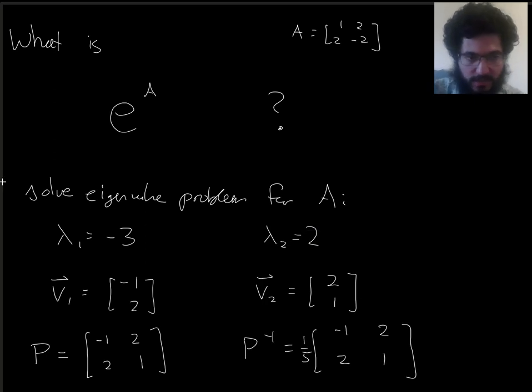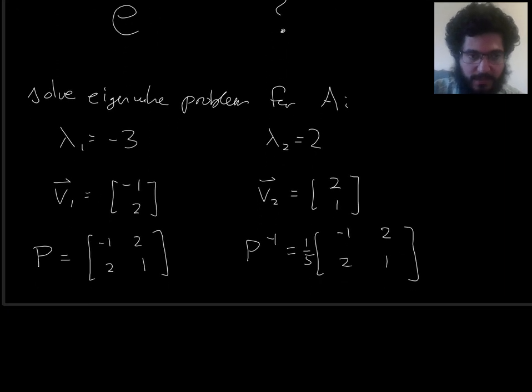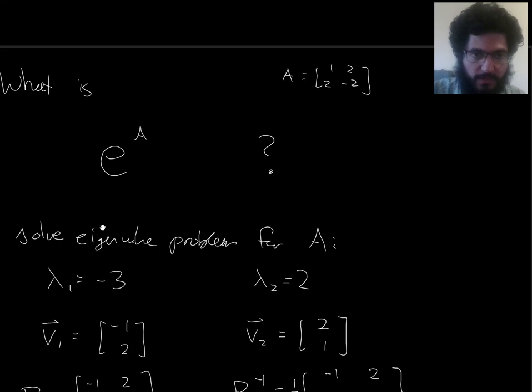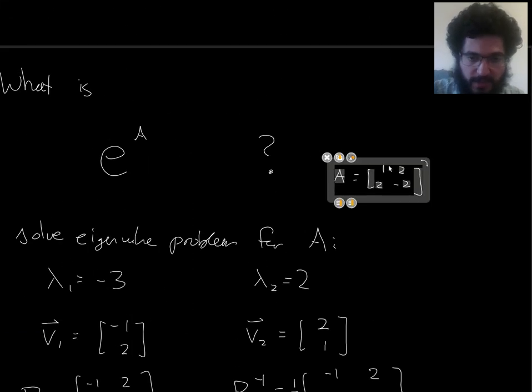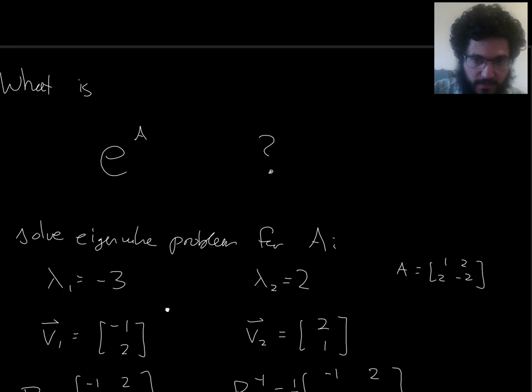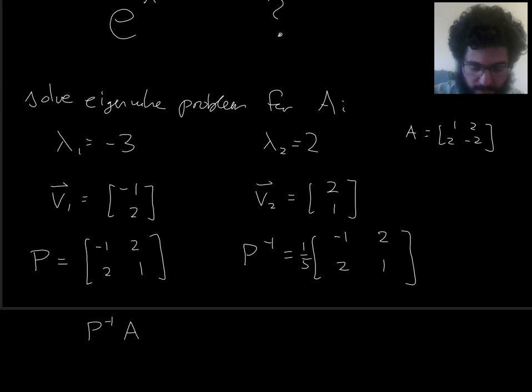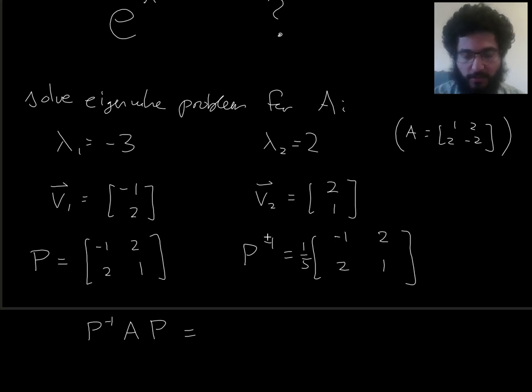Okay, so P is invertible, and when you do this, if you conjugate your original matrix, which is sort of off screen here, but this was our original matrix A, if you conjugate A using P in this order, then you should get a diagonal matrix. That is the sense in which solving the eigenvalue problem diagonalizes a matrix.